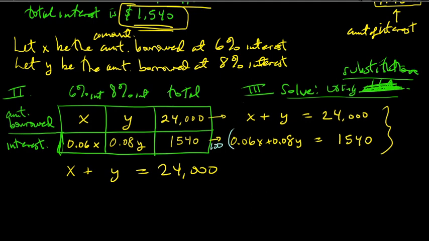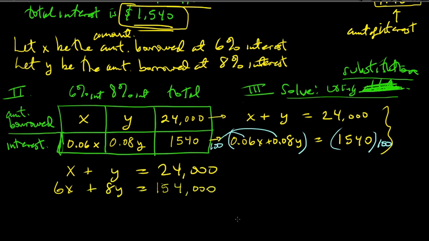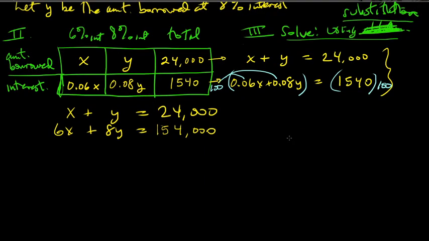To get rid of the decimals. So when we do that, we get 6x plus 8y equals 154,000. Yeah, I think in retrospect we could have multiplied by 50 to get smaller numbers, but this is fine.